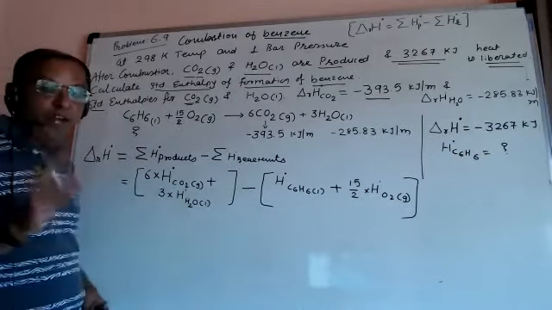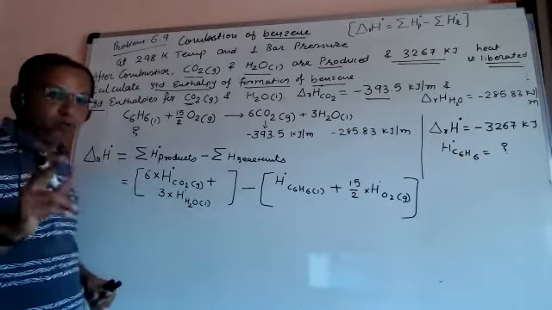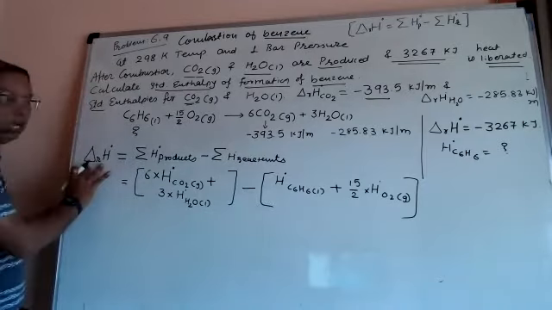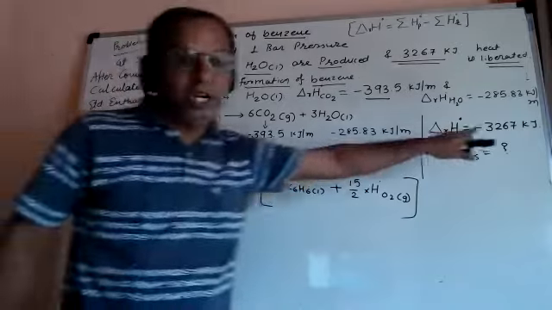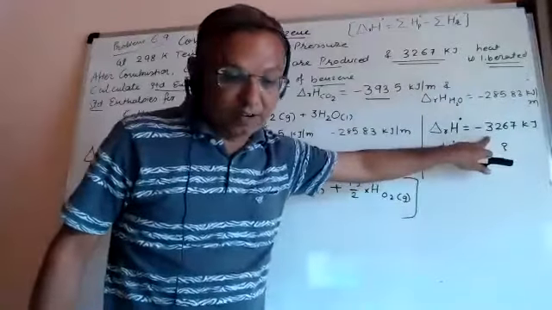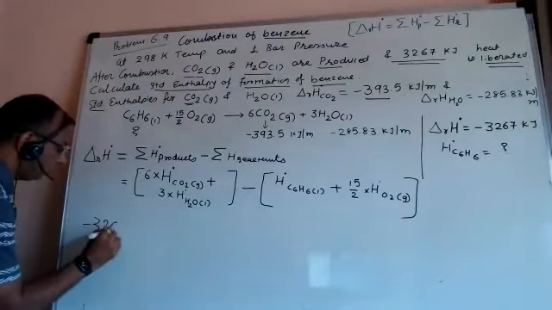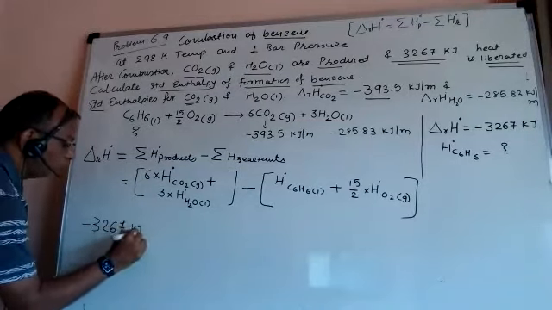Now we have to put the values, but before that we have to keep in mind two important things. First of all, delta H°R is already given here, 3267. So we must put here the value minus 3267 kilojoule.